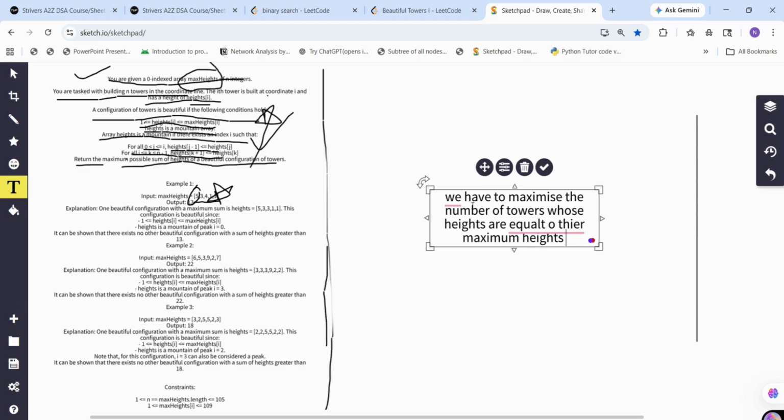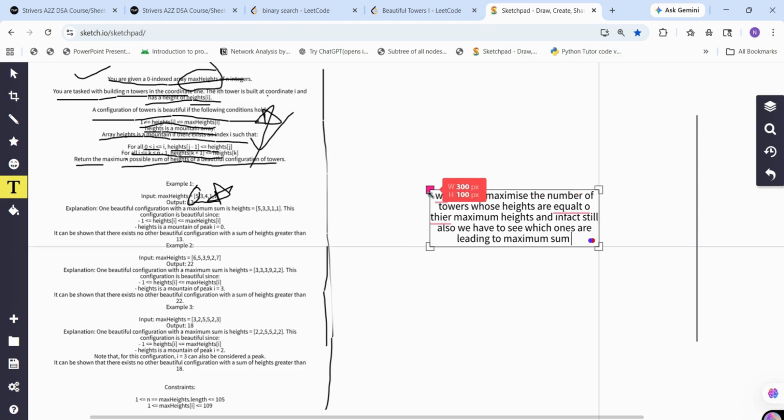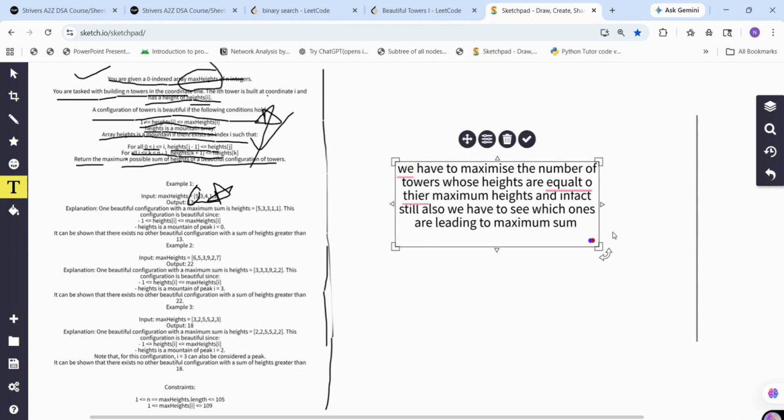So we have to see which ones lead to the maximum sum of the height array.